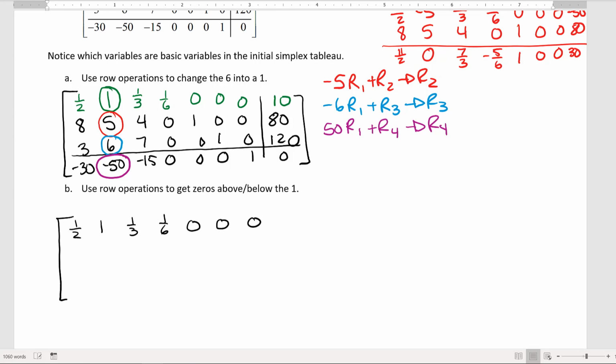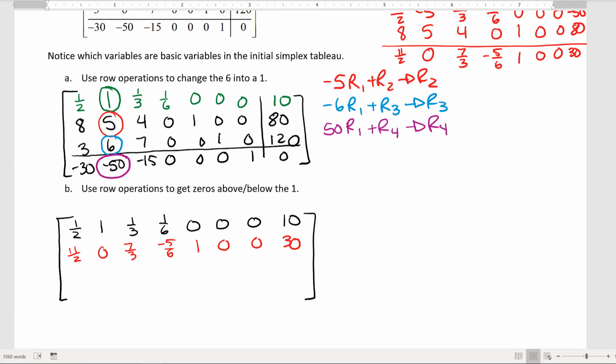Make sure you keep your spacing about the same. For row 2 in red, I'm going to replace it with 11 halves, 0, 7/3, negative 5/6, 1, 0, 0, 30.